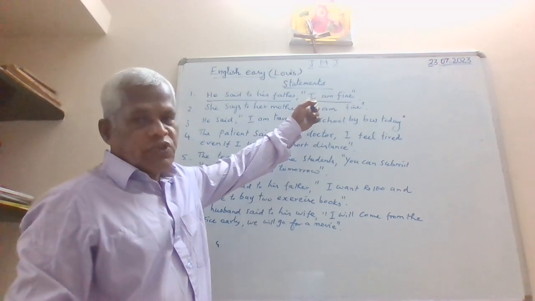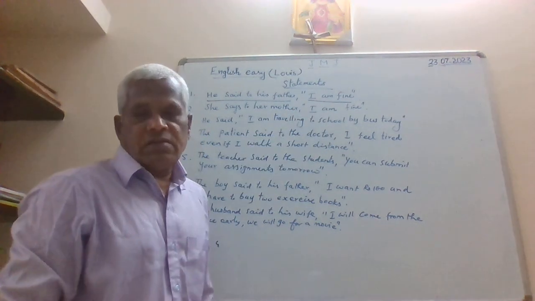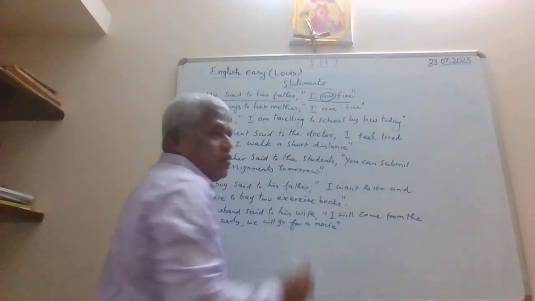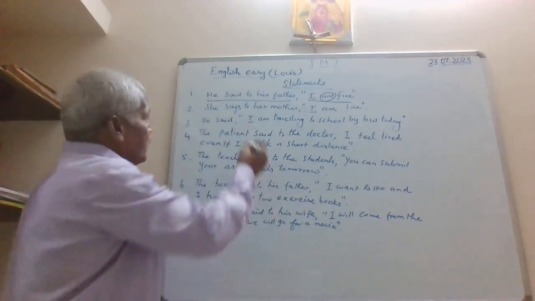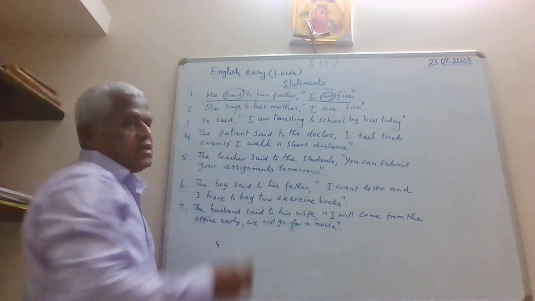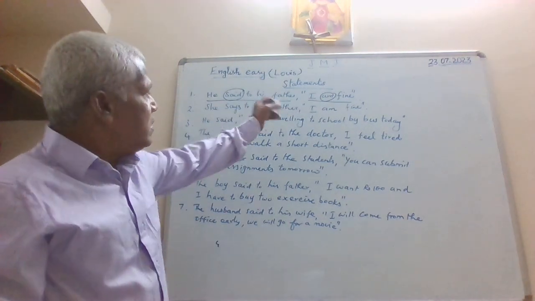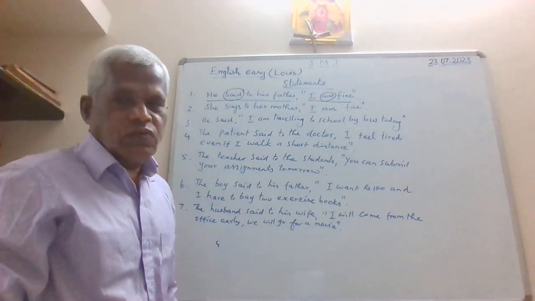Now look at the portion within the inverted commas. I am fine. Now what is your verb? Am. What tense is that? Present tense. Now look at your reporting verb. Said. It is in past tense. So these are the areas we need to pay attention to as far as this sentence is concerned.